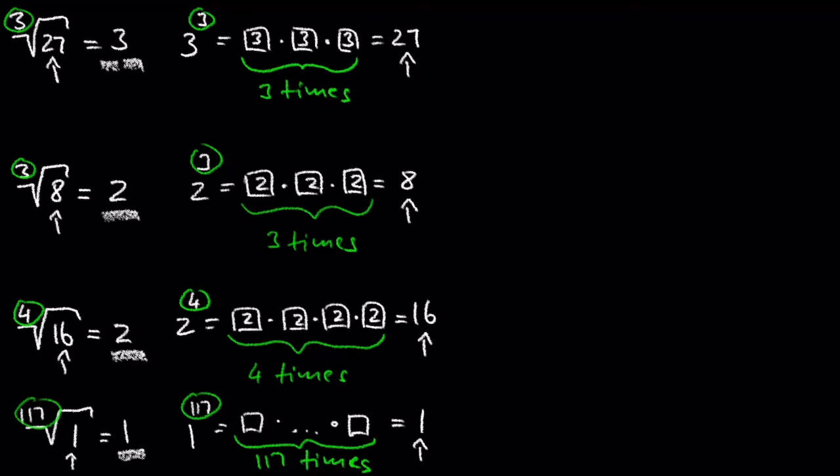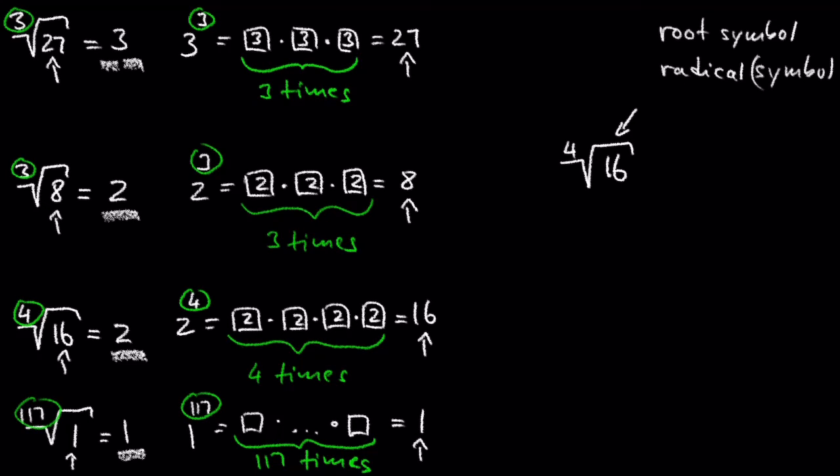For the sake of completeness, I want to add 2 more things at the end. First, for example, when we look at the 4th root of 16, we call the root symbol also the radical symbol or radical. The number under that symbol is called the radicand.